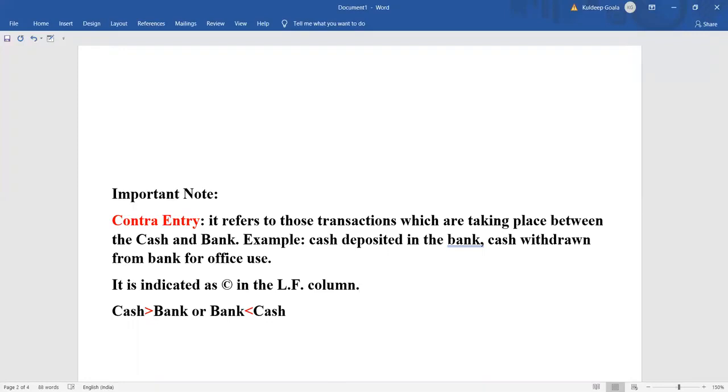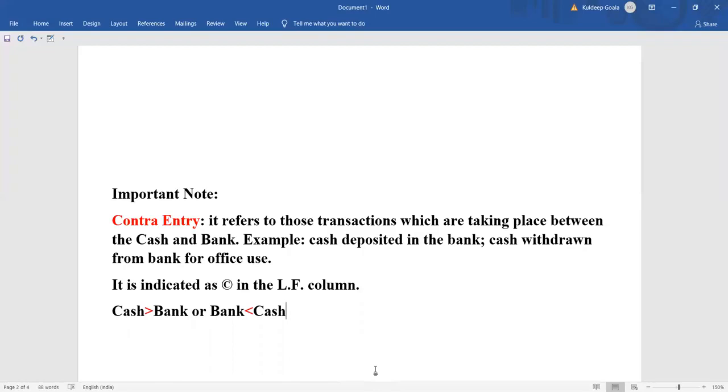The concept in this contra is that it is contradictory. Contradictory means if I take money from my pocket and deposit it in my bank, it is not that my money is increasing, and it is also not that my money is decreasing, right? My money is neither increasing nor decreasing, but the transaction is happening.